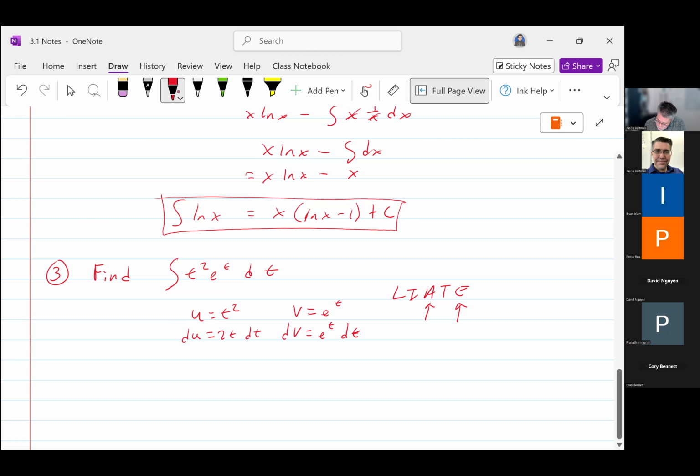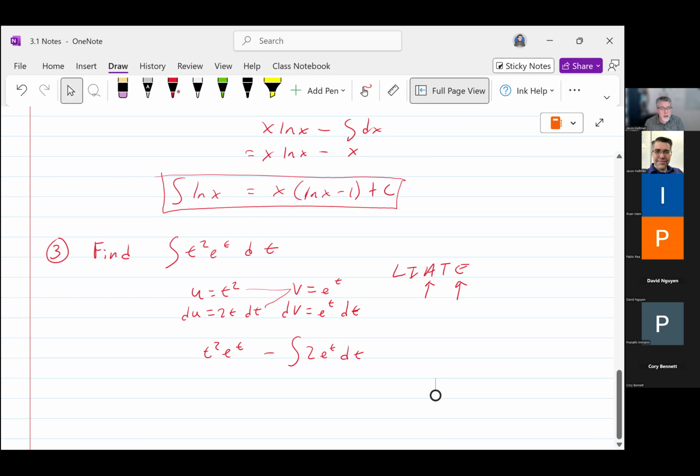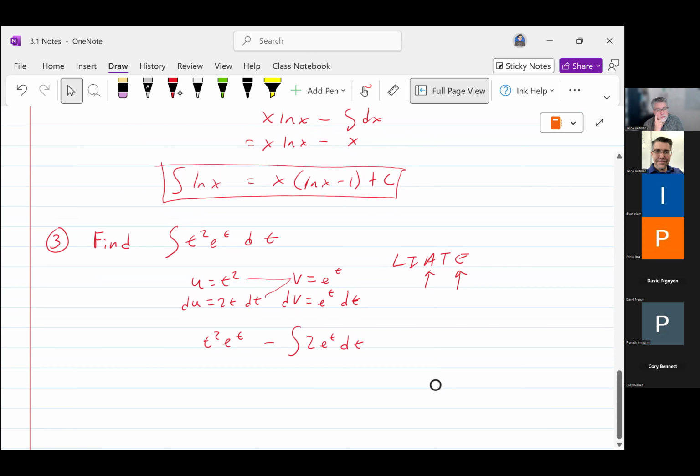So let's do our crisscross, okay? uv is going to be t squared e to the t minus the integral of v du, which is 2t e to the t dt. And you're like, well, that didn't really get me anything.